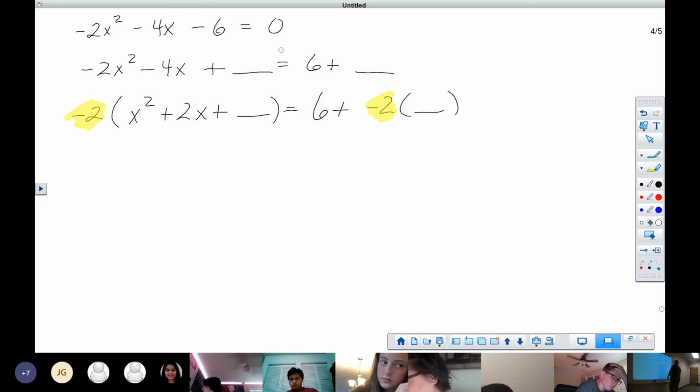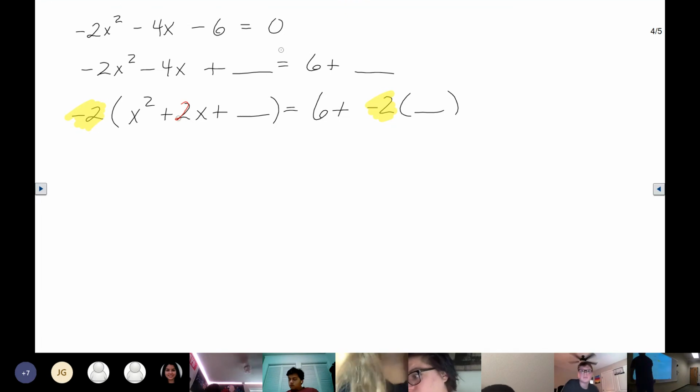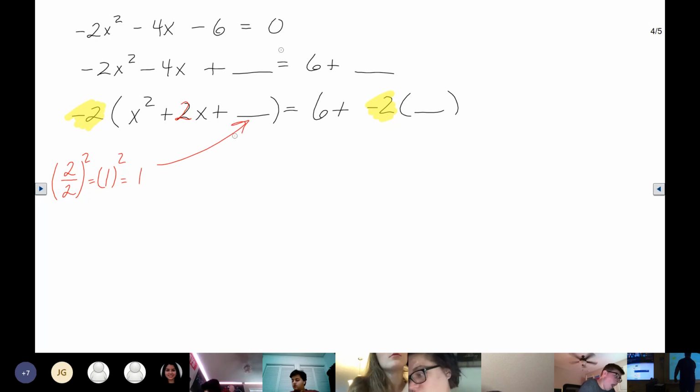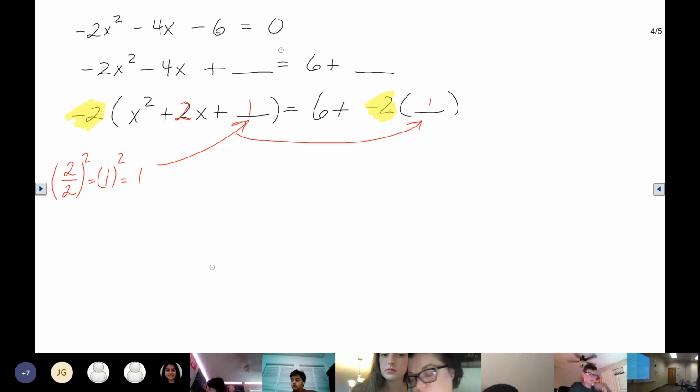Now I can complete the square. 2 divided by 2 squared is 1 squared, which is 1. Now you finish it. That includes sketching the graph, domain, range, increasing, decreasing, and line of symmetry.